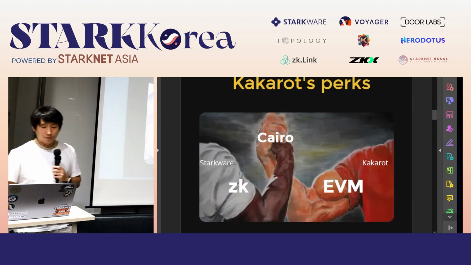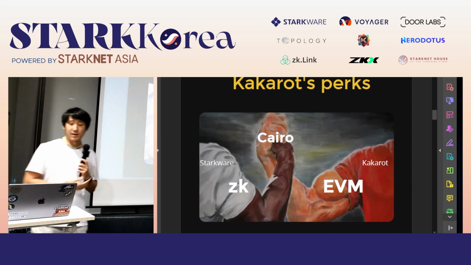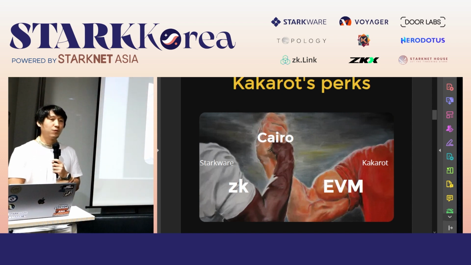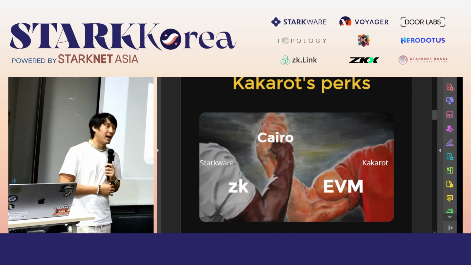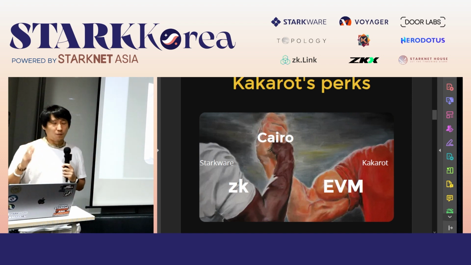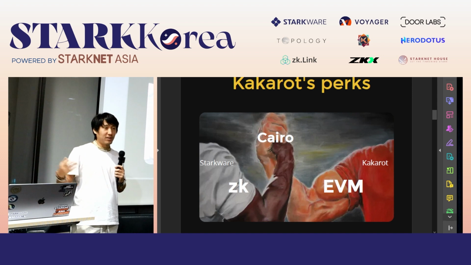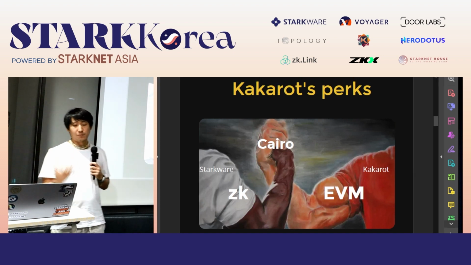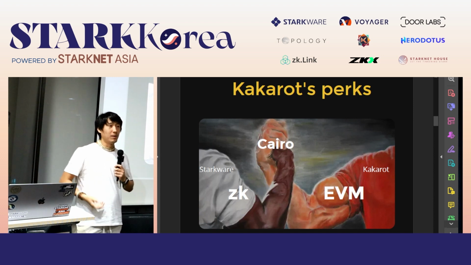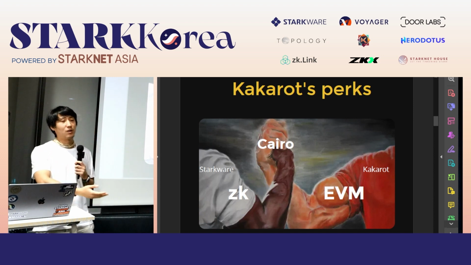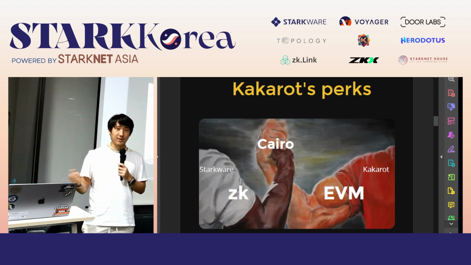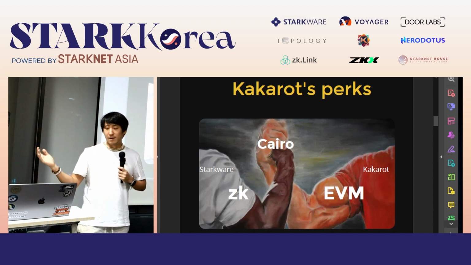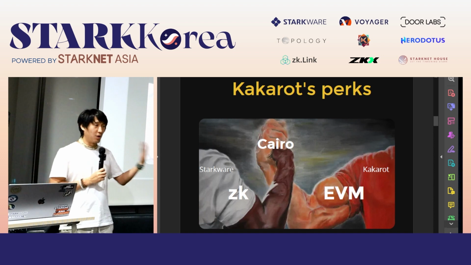Some of the perks for Kakarot, compared with other ZK EVM teams, is that on Kakarot we focus fully on implementing the EVM. Of course we study and learn about the ZK part, but we don't have to implement the ZK, which is done by the StarkWare team. The StarkWare team already has a ZK technology that has been proven since 2018 with more than $1 trillion being transacted on their circuit.